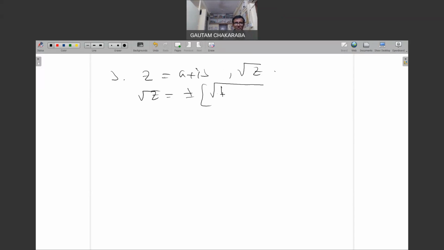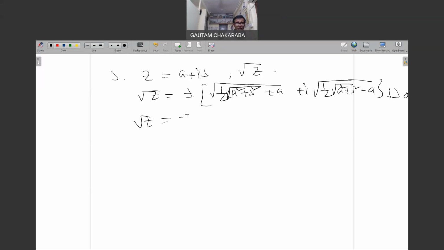If you remember these identities, then it will be easy for calculating the square root of complex number. Root of half under root A squared plus B squared plus A, plus I into root of half under root A squared plus B squared minus A, if B is greater than 0.